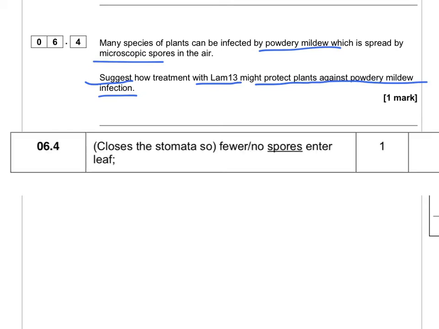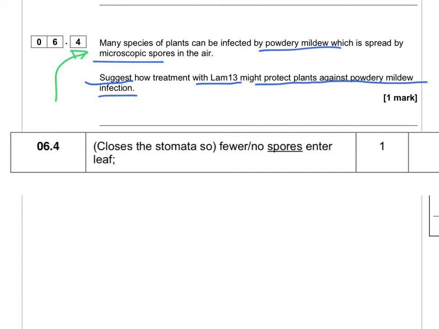This question is pretty, well, it's a lot applied, basically. Anyway, but you can see, and I keep on going on about this a lot with my own students. Look how much information they've given you in that question. They've told you that powdery mildew is spread in the air by microscopic spores. So in terms of being infected, how is it going to get in?